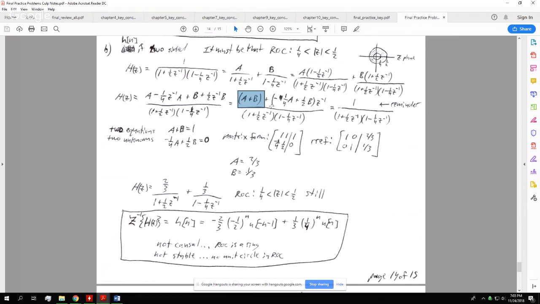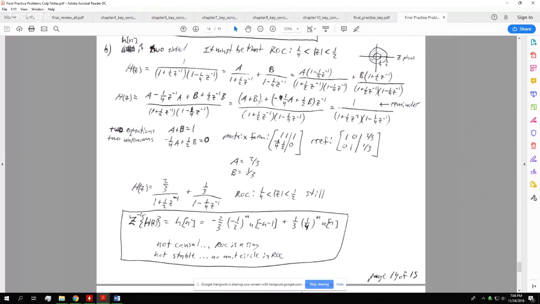So there's one lump there, and here's a second lump here. Notice that all of this has to be equal to our original expression, equal to 1. So a plus b must equal 1, and minus quarter a plus half b, all times z to the minus 1, must equal 1. But notice there's no z term here. Therefore, this stuff must be equal to 0. And then a plus b equals 1.